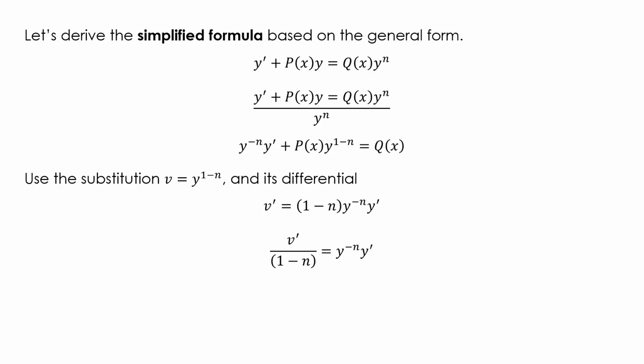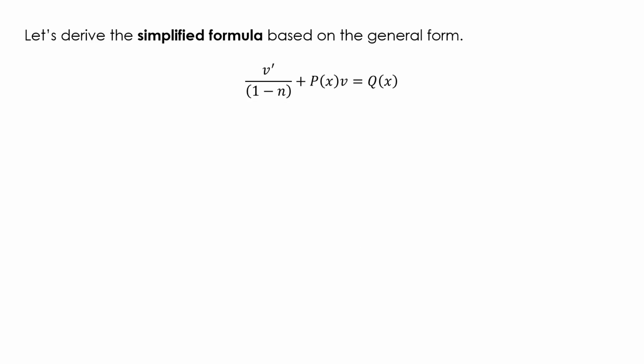Rearranging the terms, we have v prime over 1 minus n equals y raised to negative n y prime. Since we have done the preparatory work, let's substitute those values into the differential equation. So y raised to negative n y prime will be replaced by v prime over 1 minus n, and y raised to 1 minus n will be replaced by v.